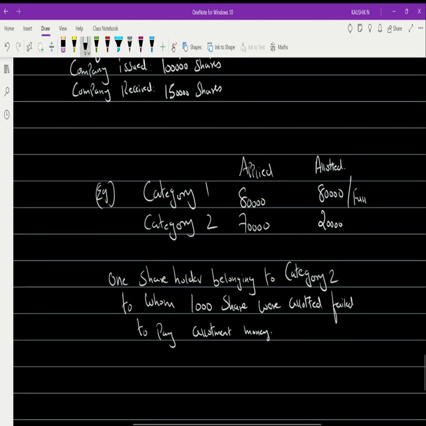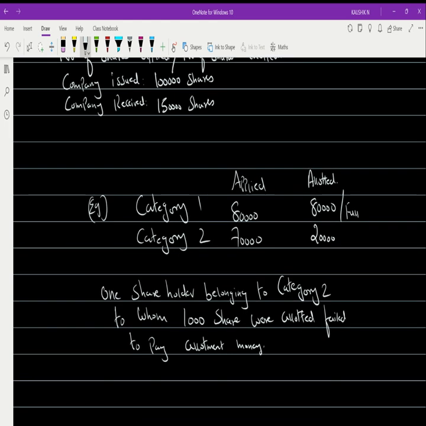You got 1,50,000 responses against the 1 lakh shares issued by the company. They divided the applicants into categories 1 and 2. In category 1 you have 80,000 applicants, and all 80,000 are allotted in full. But in category 2 you have 70,000 applicants, for whom they are giving 20,000 shares. It was mentioned that one shareholder belonging to category 2, to whom 1,000 shares were allotted, failed to pay the allotment money.